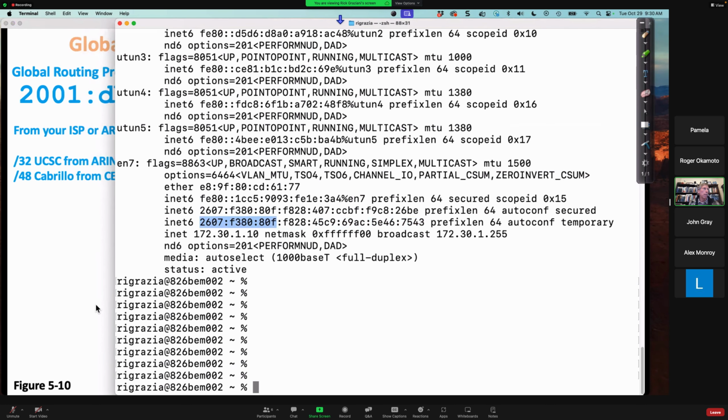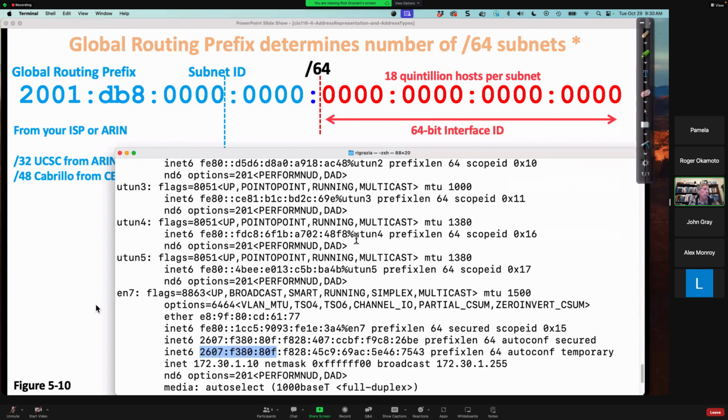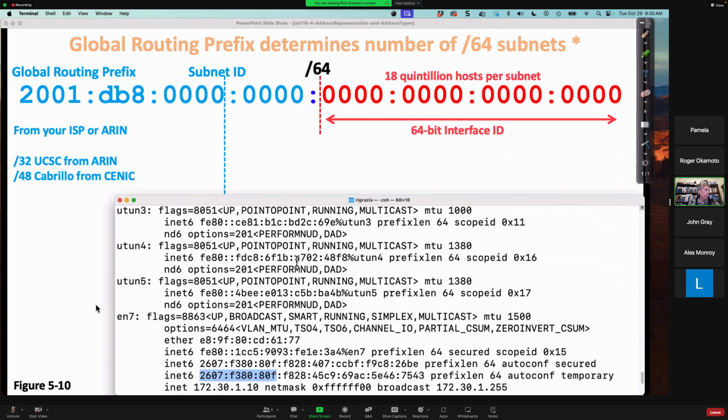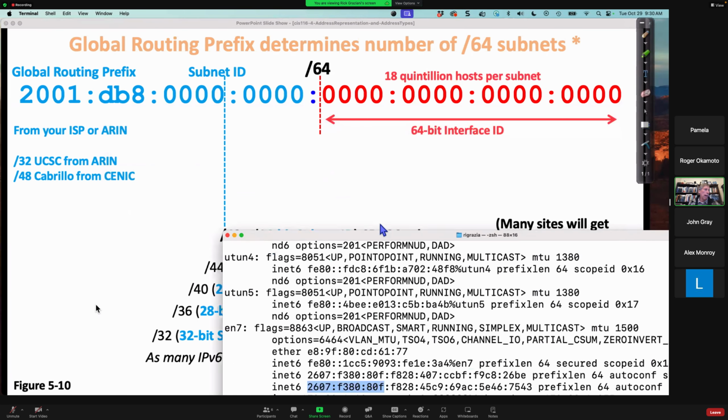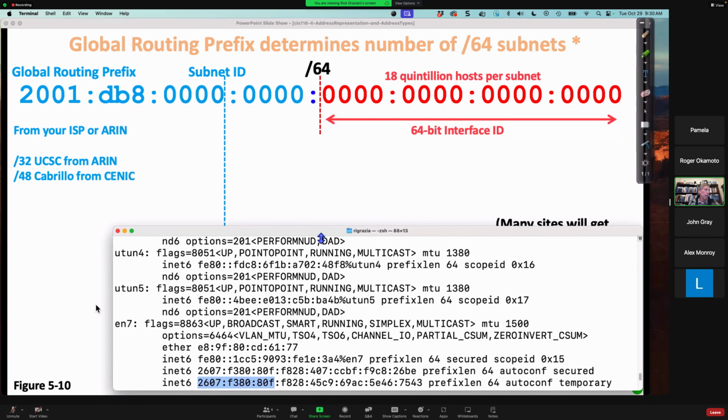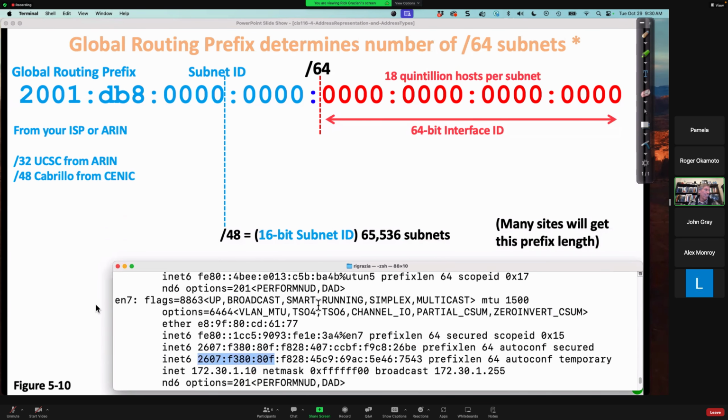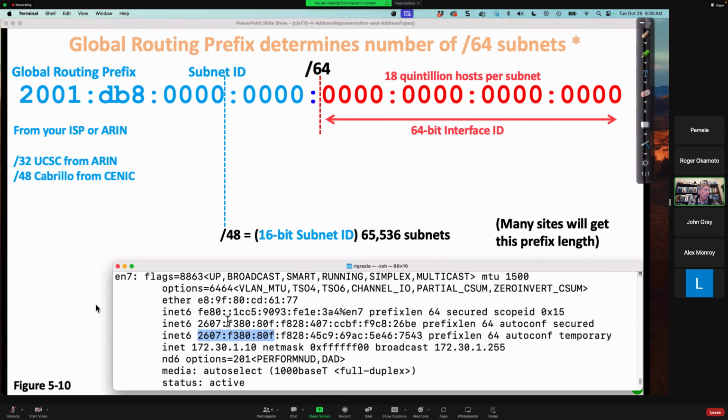This is what Cabrillo has. /48. Let me move that down a little bit here now. This is what Cabrillo has. We have a /48. This is how the world sees us. 3 hextets, 48 bits.